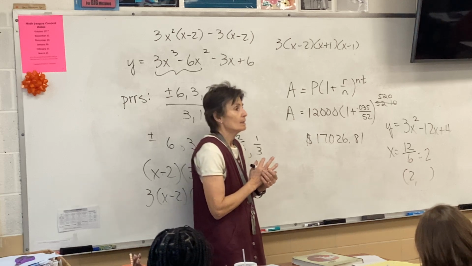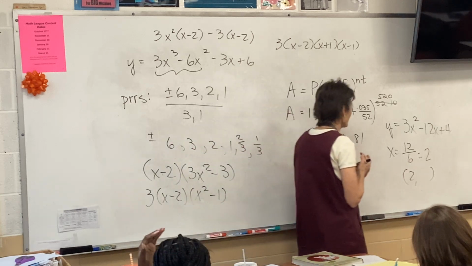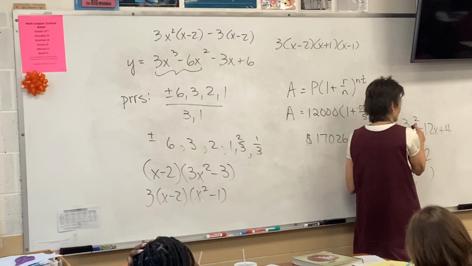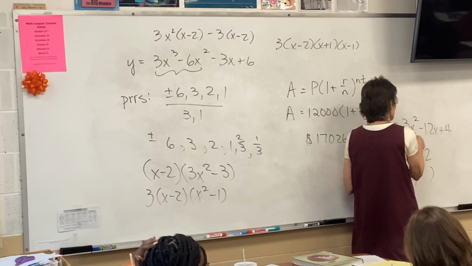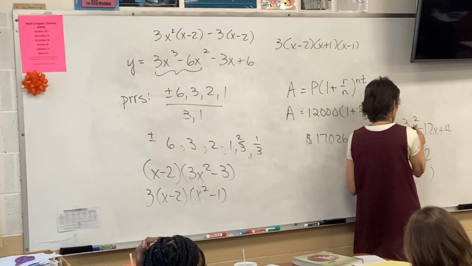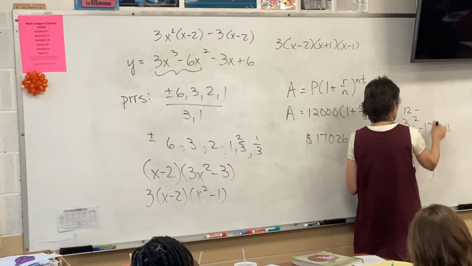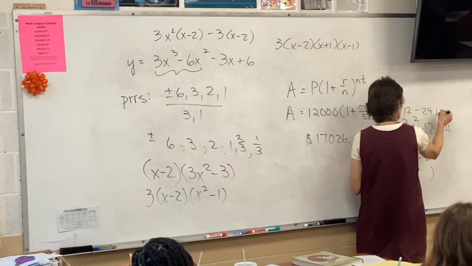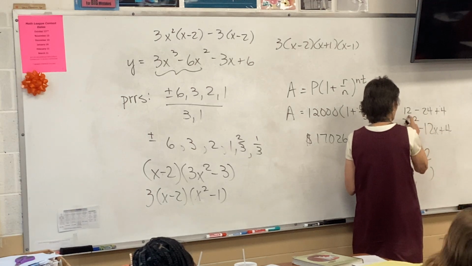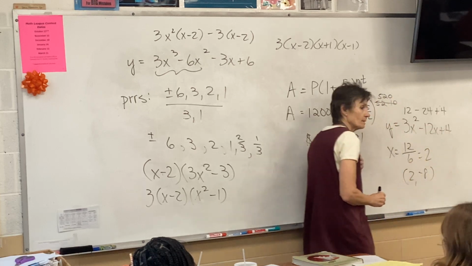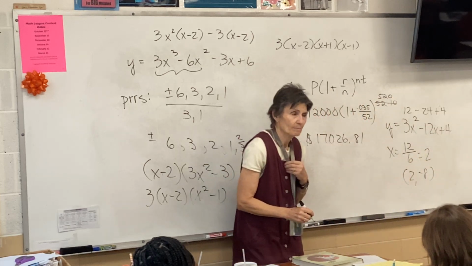When you plug in the 2 for the x's, find the something. I plug in 2. So what is 2 squared? 4. Times 3 is 12. 12 times 2 is 24 plus 4. So that is -8. That's your vertex.